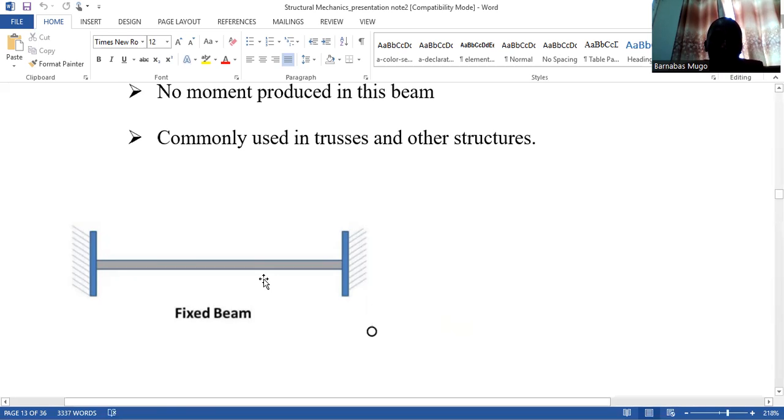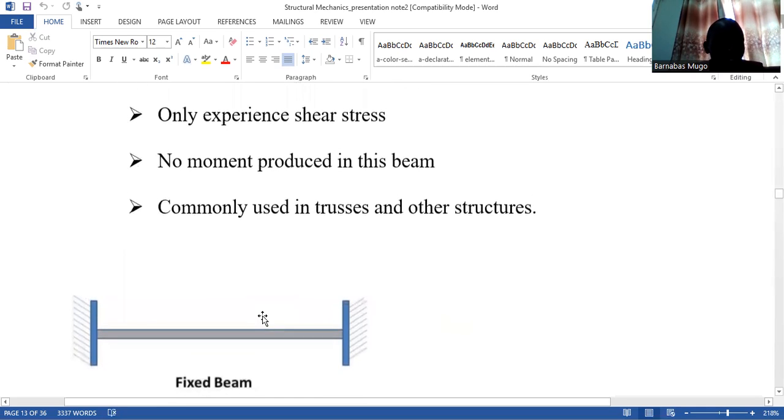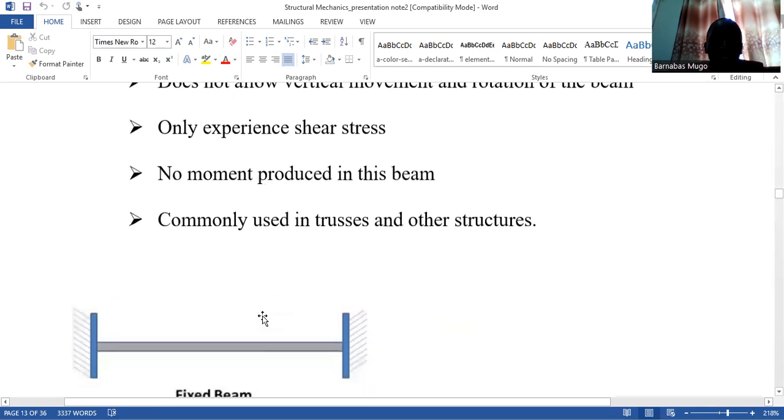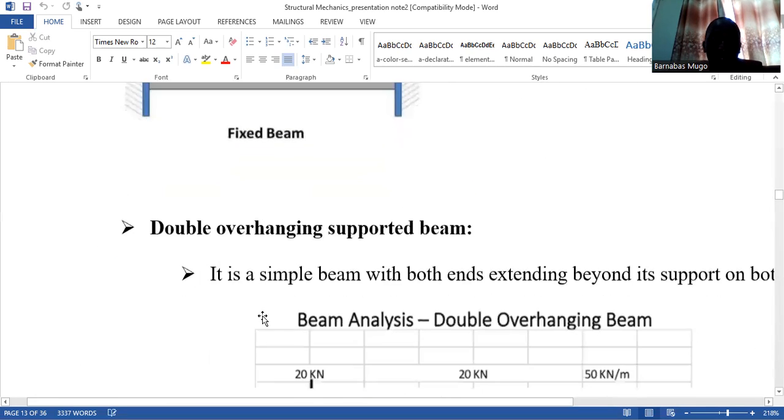So this is the kind of beam that I'm talking about. Both ends, the left and right hand side, are fixed, and the shear stress is the only thing that can be experienced there.